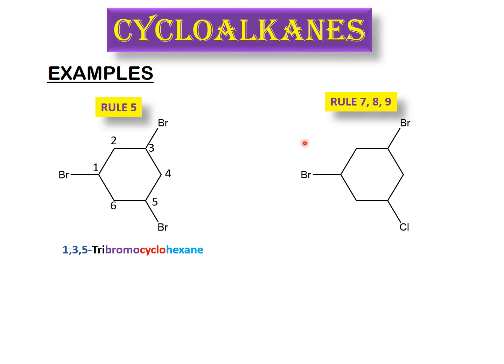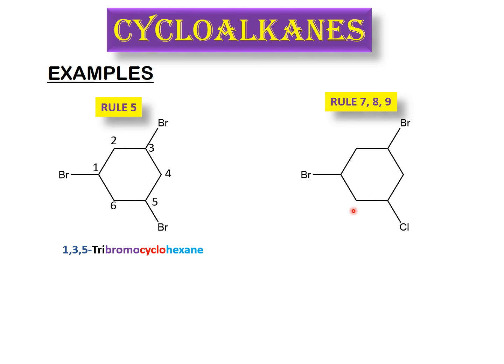So according to rule number 7, if you have different substituents, first you have to number the carbon atoms in the ring according to the positions. Now you saw that from any of these substituted carbon atoms and in any direction, the positions are the same. So the next rule is that if the positions are the same, then you have to follow alphabetical order.